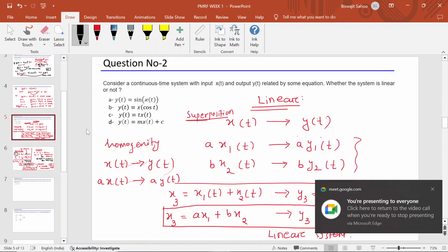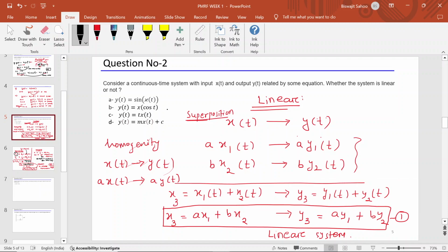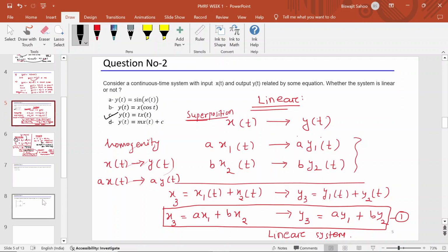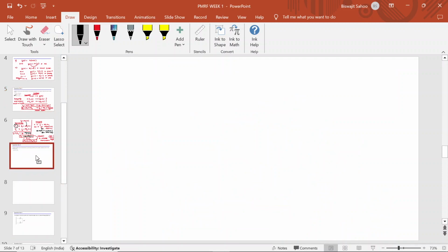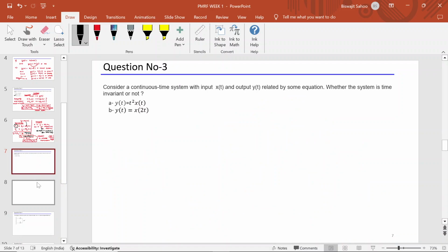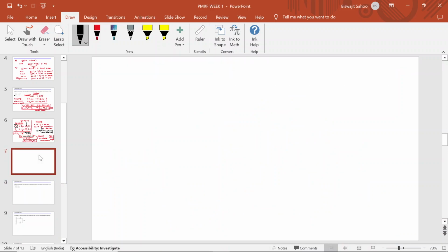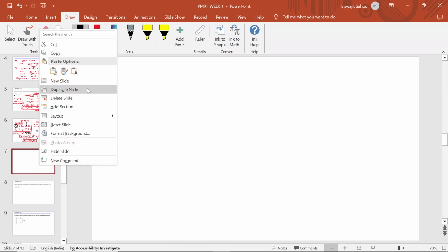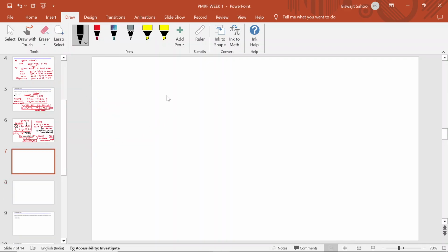So for the next question, start with part c: y of t equal to t x of t.